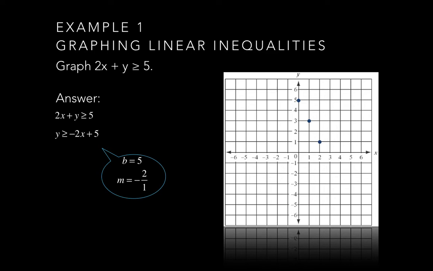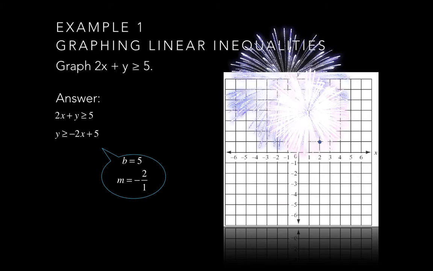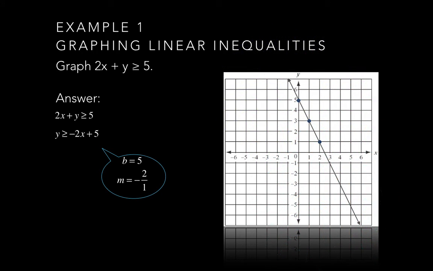There's another point just to kind of help make it a little bit nicer line. Looking at your inequality symbol, it is equal to, so our line is going to be solid. And we're asked to shade y values that are greater than. So greater than means we're going to shade above our line.